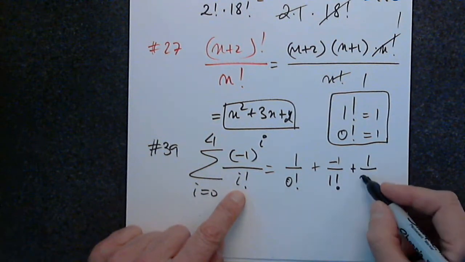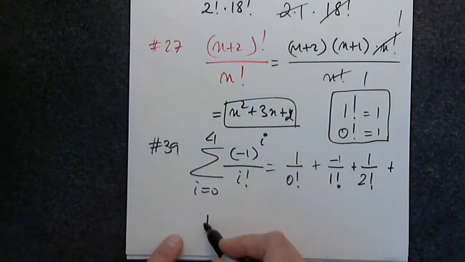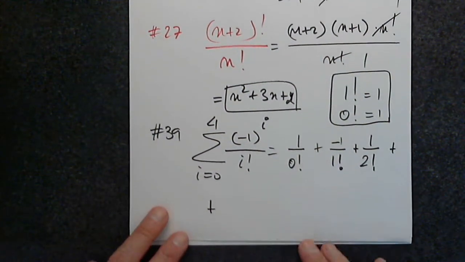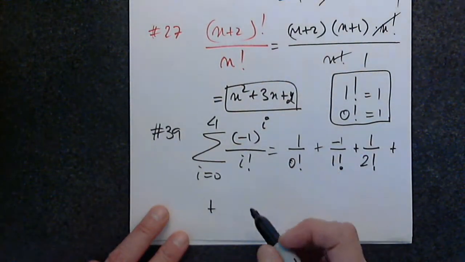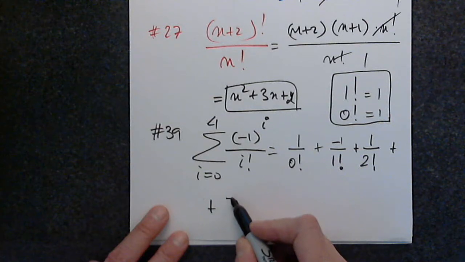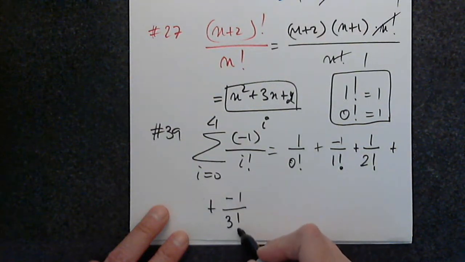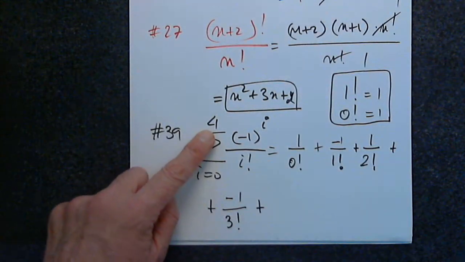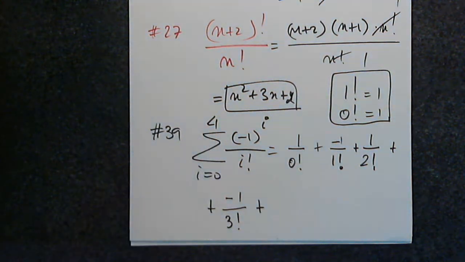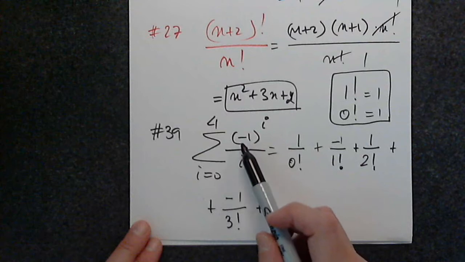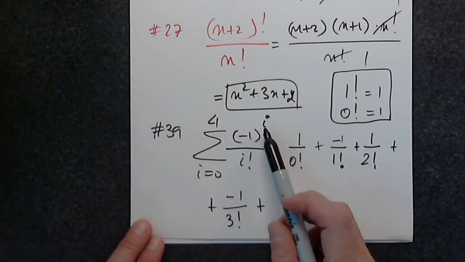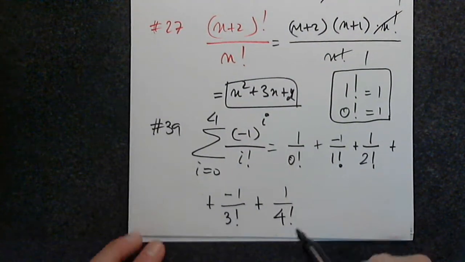Very good, over 2 factorial, plus. When i is 3, -1 to the third, very good, over 3 factorial. And now I reached the upper limit. That's the last term I have to write. When i is 4, -1 to the fourth power is, very good, over 4 factorial.